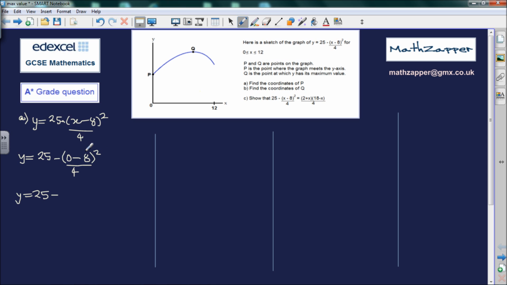Minus 8 all squared is 64. 64 divided by 4 is 16, which gives us a value of y is equal to 9. And so therefore we can say at P the coordinate is x is equal to 0, y is equal to 9.